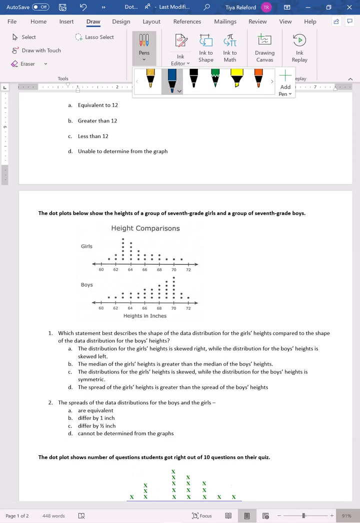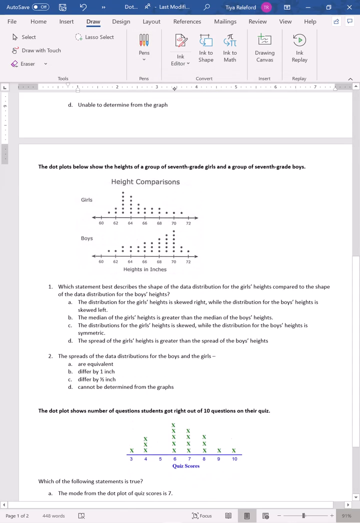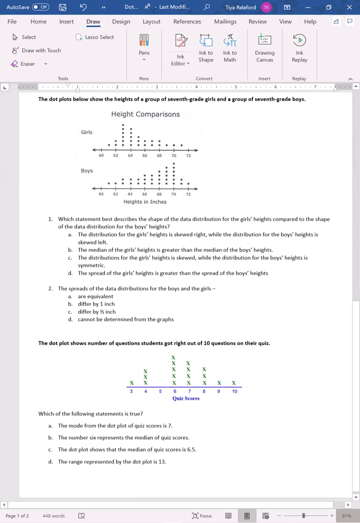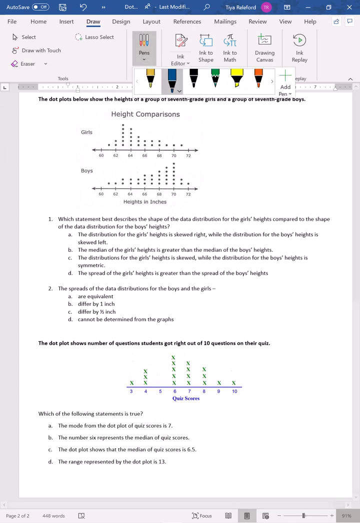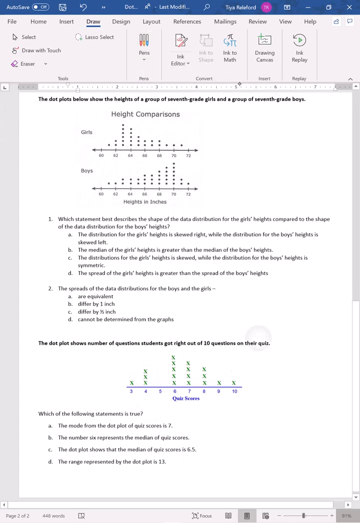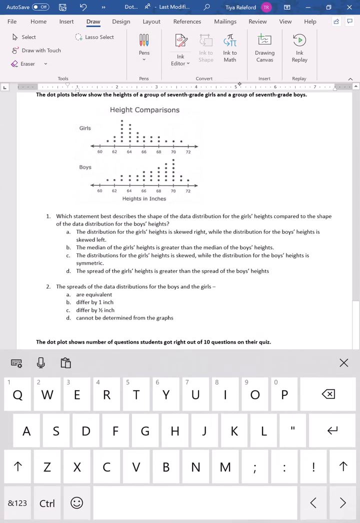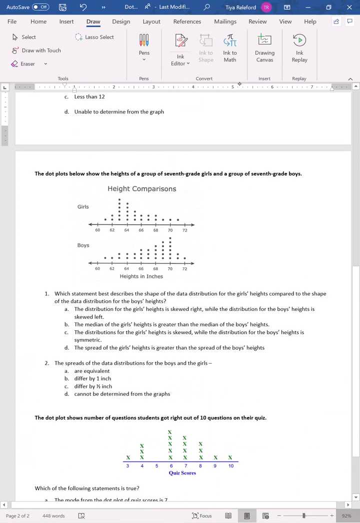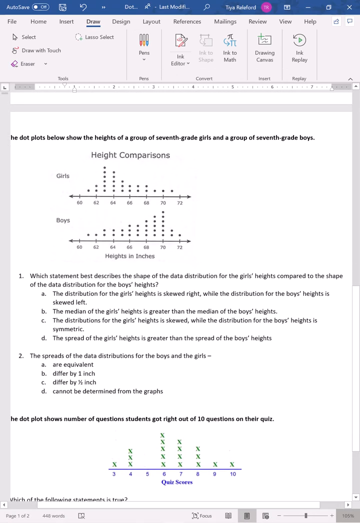The dot plots show the heights of a group of 7th grade girls and a group of 7th grade boys. Try and make it a little bit bigger. Which statement best describes the shape of the data distribution of the girls' heights compared to the shape of the data distribution for the boys' heights?